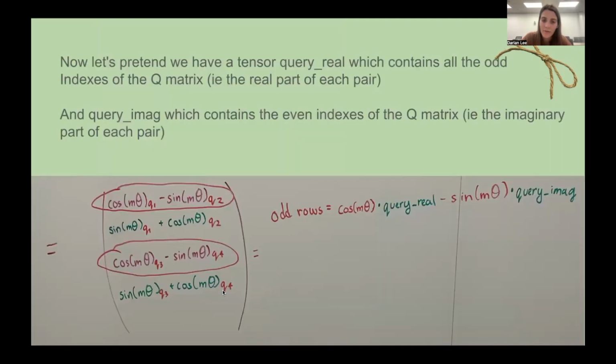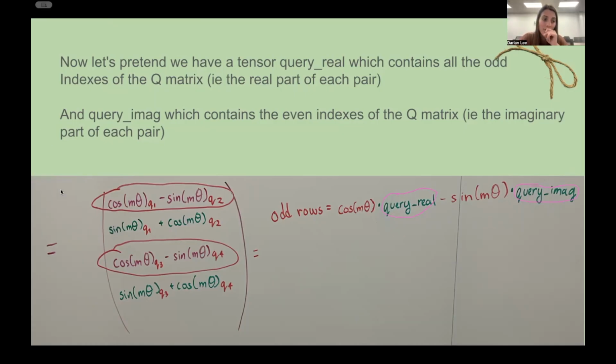In fact, if we imagine that we have a vector where we've stored all the real components of each query, so all the odd components essentially, and another vector where we've stored all the even components, then we can calculate all the odd rows just by doing cosine m theta, once we've calculated the m theta values, times query real minus sine m theta times query imaginary.